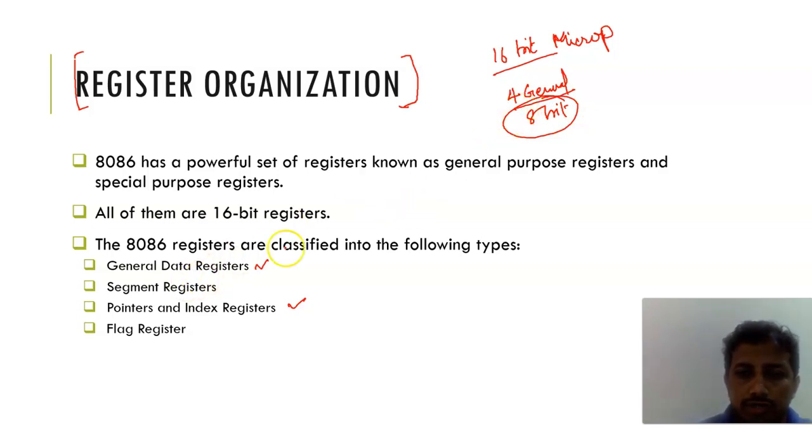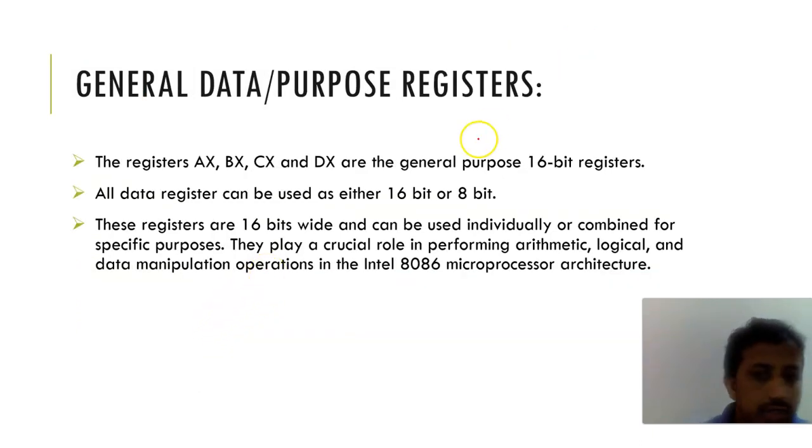The register organization is classified into basically 4 categories of registers. First one is general data registers, segment registers, pointer and index register, and one flag register. Coming to the first one, general purpose register or general data register.